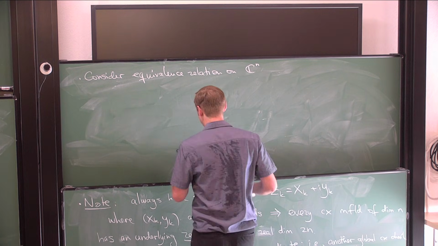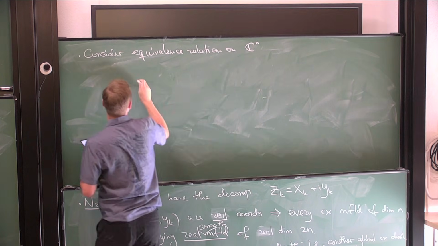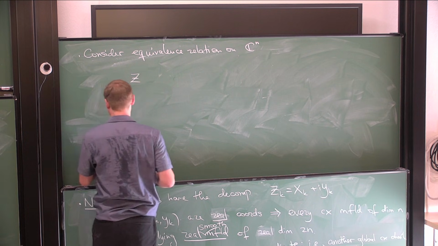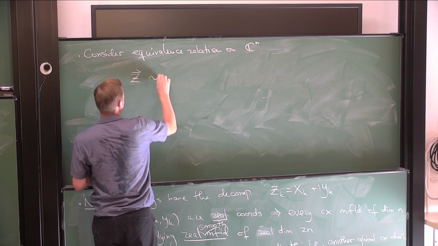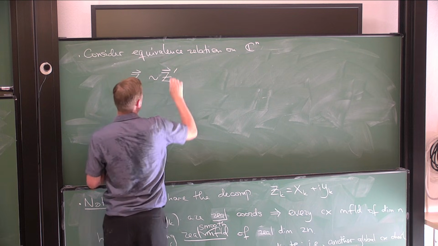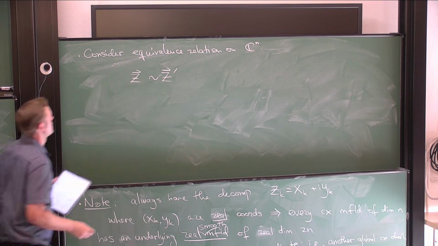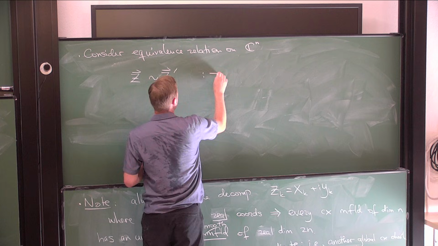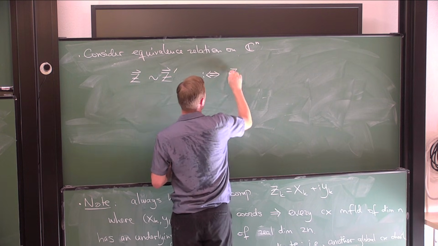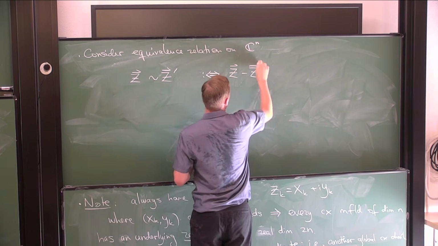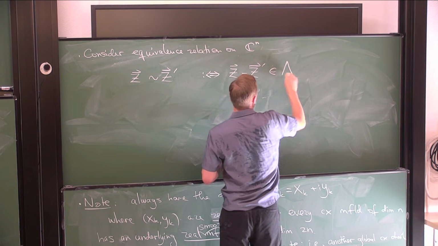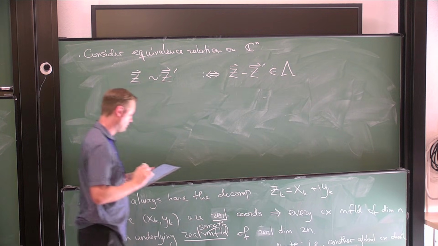So z and z prime are equivalent if and only if their difference lies in lambda.